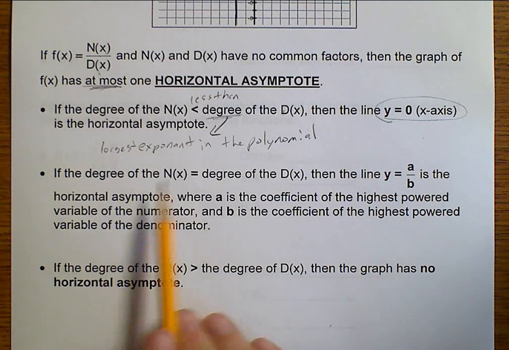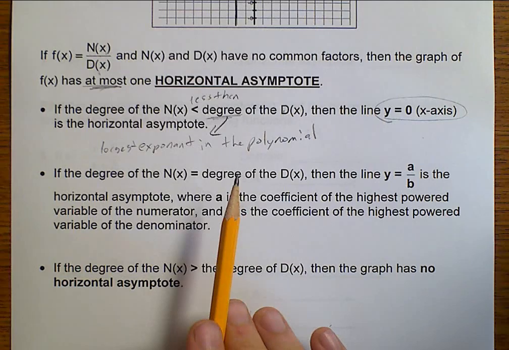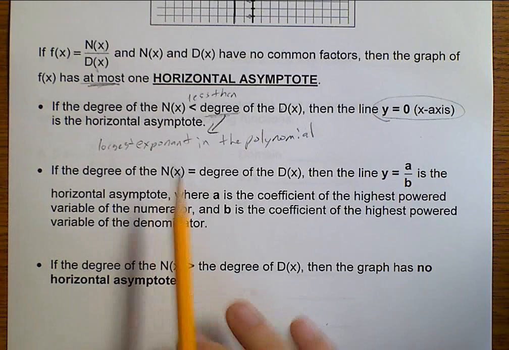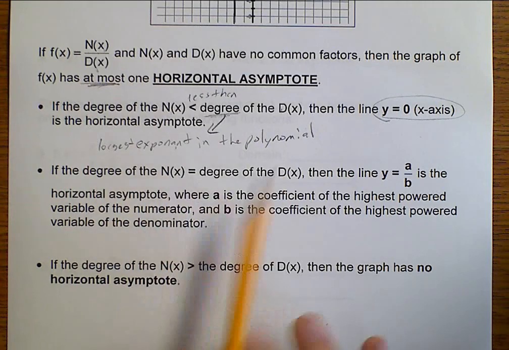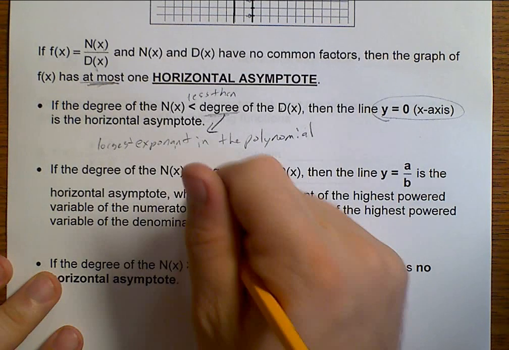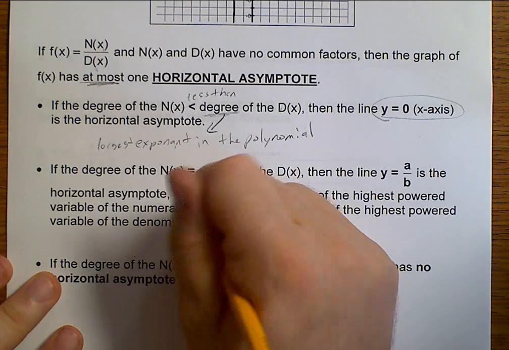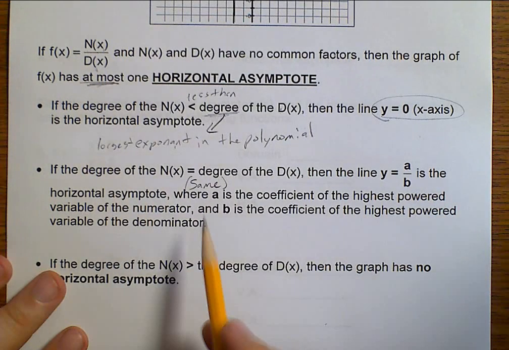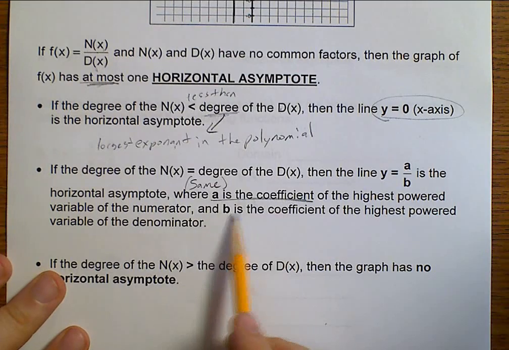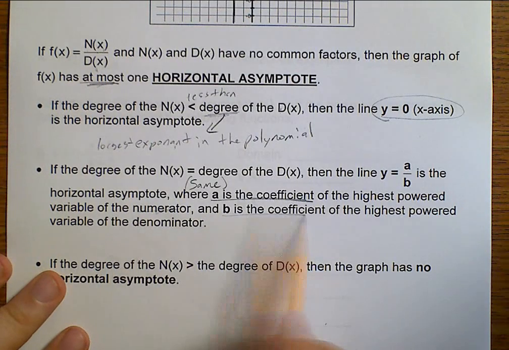Now if they are the same, where the largest exponent is the same in the numerator and the denominator, then we do a over b, where a is the coefficient of the numerator and b is the coefficient of the denominator.